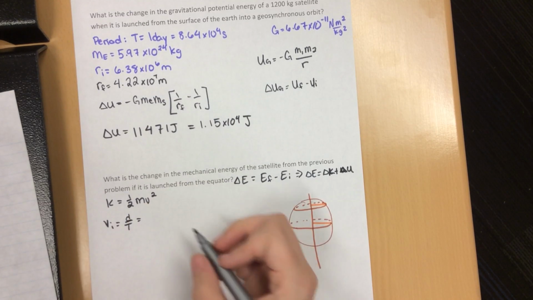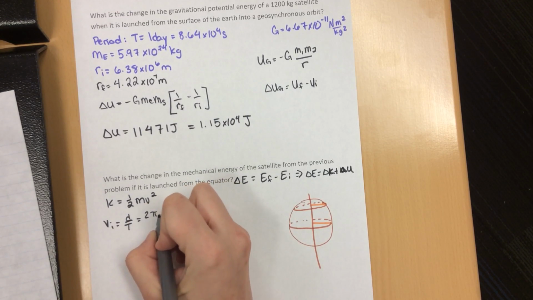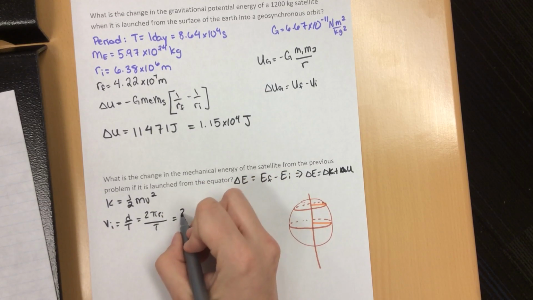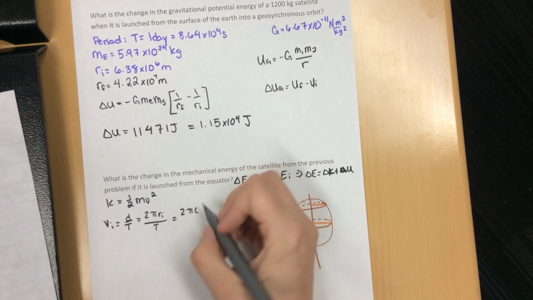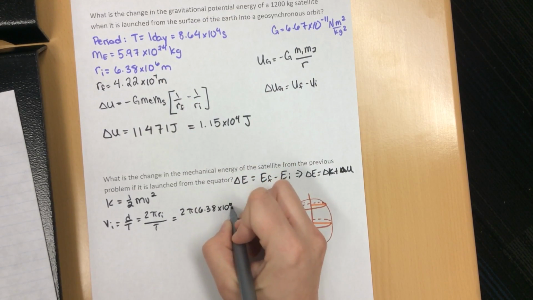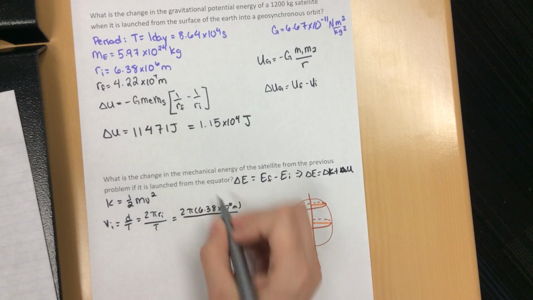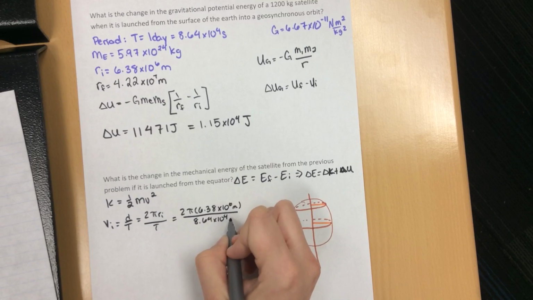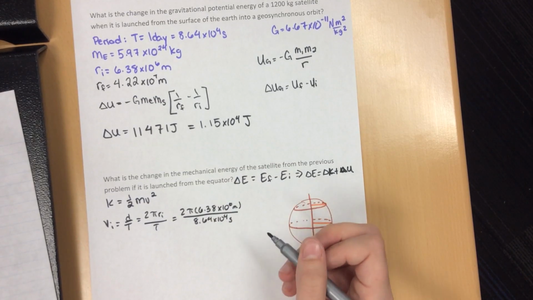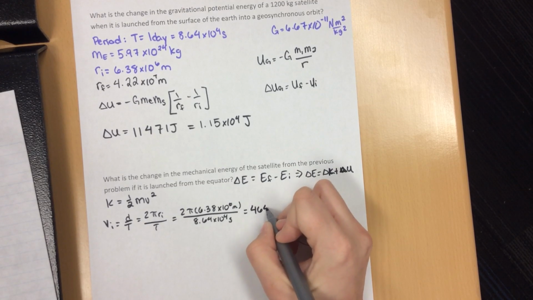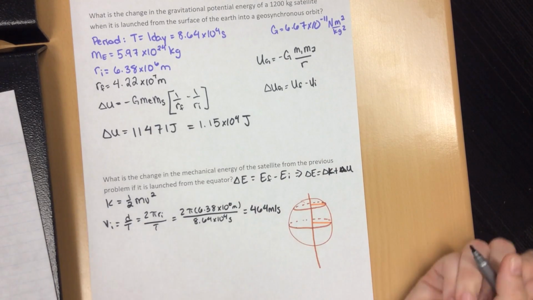Our distance is 2 pi r initial, and our time is that period. So we have 2 pi times our r initial of 6.38 times 10 to the 6 meters, and our period of 8.64 times 10 to the 4th seconds. As a result, we get an initial velocity of 464 meters per second.